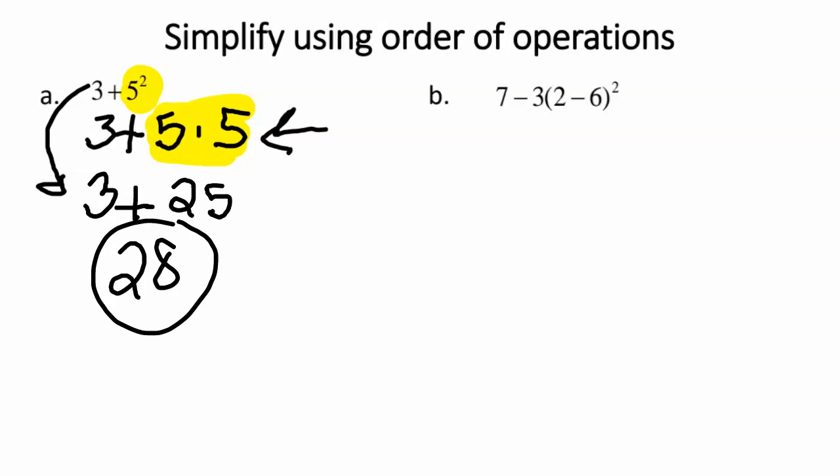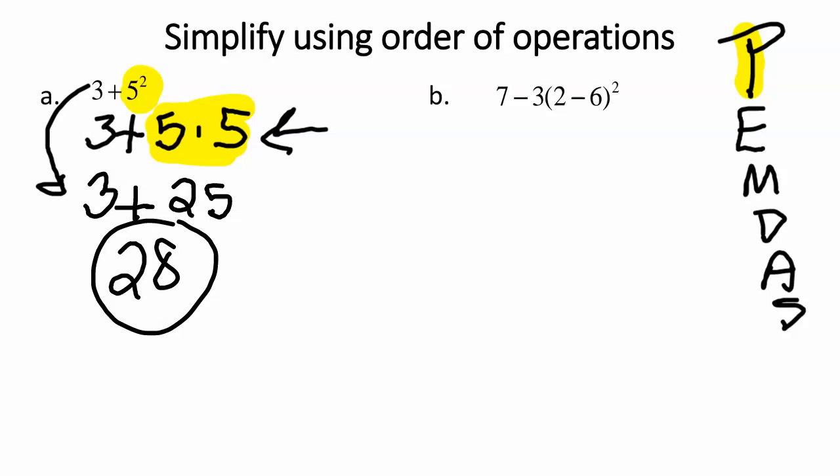Now, this is one that people have trouble with. Notice that I have 7 minus 3. We don't do that because if you remember, the order of operations is please excuse my dear Aunt Sally.